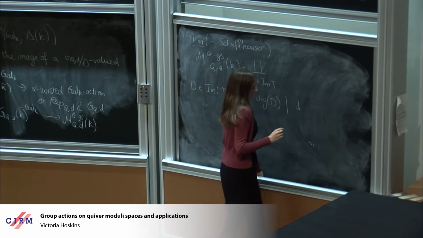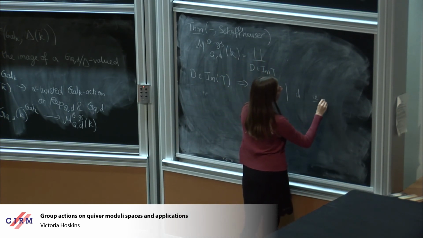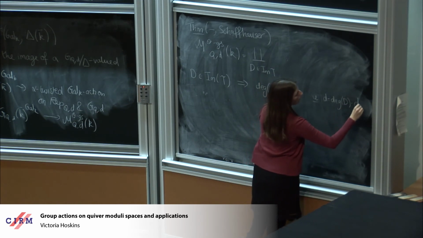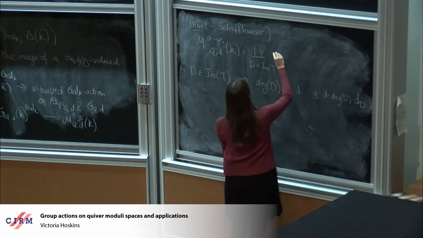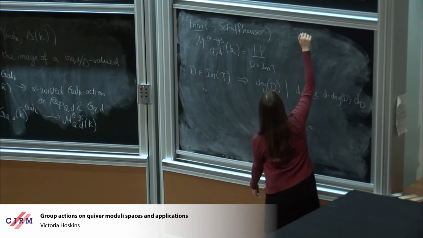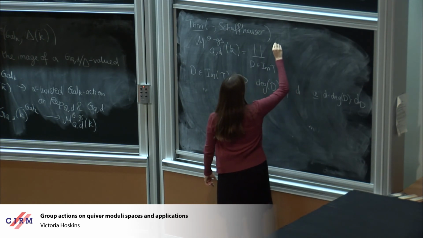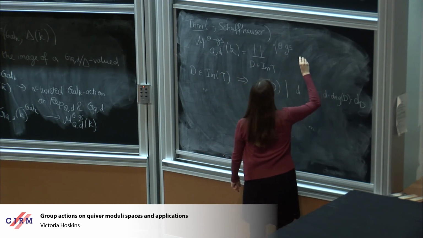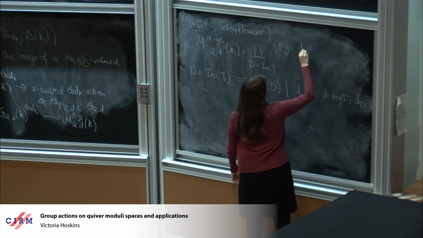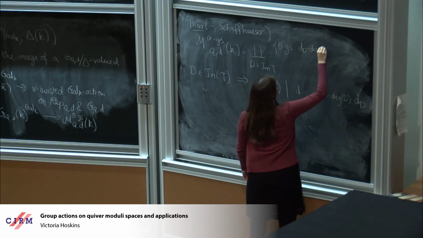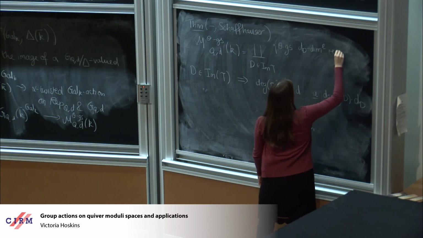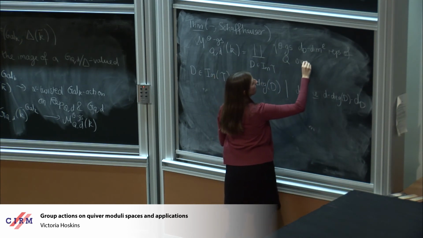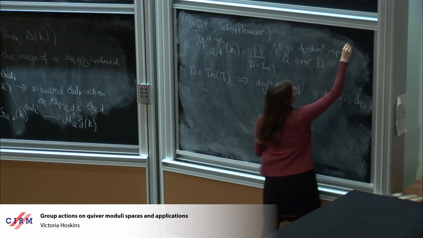Okay. And then we can interpret this set here as the set of theta geometrically stable d-dimensional representations of Q over the division algebra D up to isomorphism.